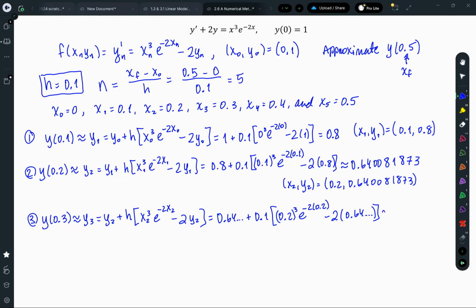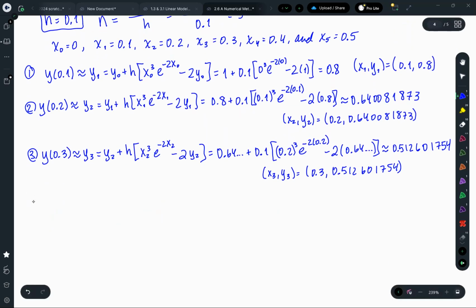And when I plug that into my calculator, that gives me about 0.512601754. Okay, so that was x3 and y3. x3 was 0.3, whereas y3 was 0.512601754.